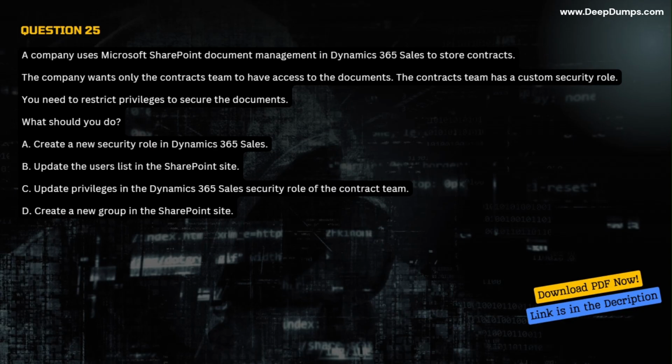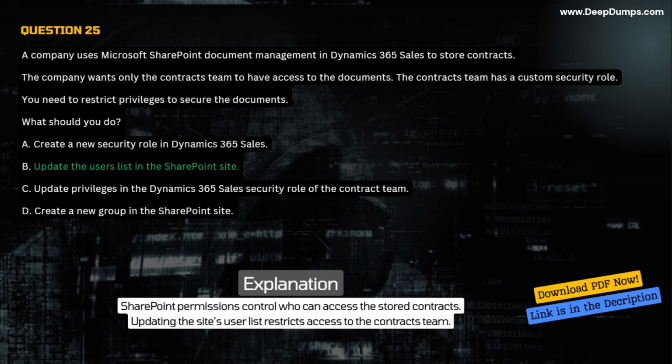A. Create a new security role in Dynamics 365 Sales. B. Update the users list in the SharePoint site. C. Update privileges in the Dynamics 365 sales security role of the contract team. D. Create a new group in the SharePoint site. Correct answer B. Update the users list in the SharePoint site.